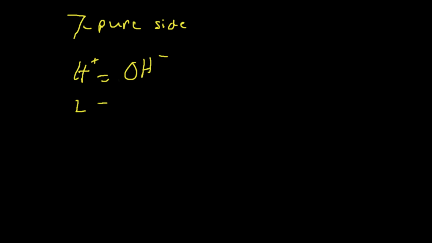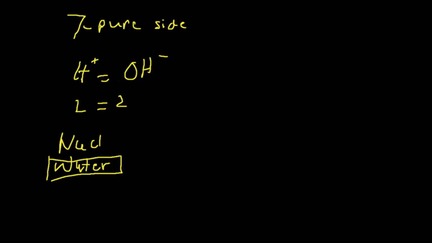That means at 7 it would also have two hydroxide ions, and that's all it's telling us, that 2 and 2. Examples of pure could be something like sodium chloride. It could also be something like water, or pure water. It could have certain other examples, but the main one generally used is just pure water.